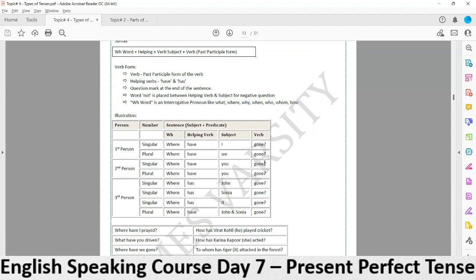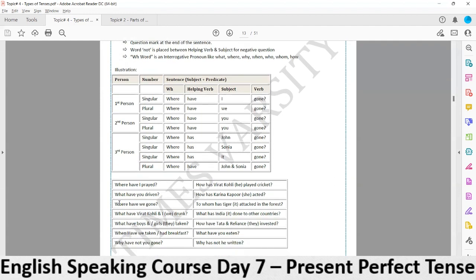Have you gone to Gulf countries like this? So similarly, and as we know, for third person singular, the helping verb has is used. So here, where has John gone? Where has Sonia gone? Where has it gone? Where have John and Sonia gone? Okay, so where have I gone? So if we look at some examples, like what have you driven?